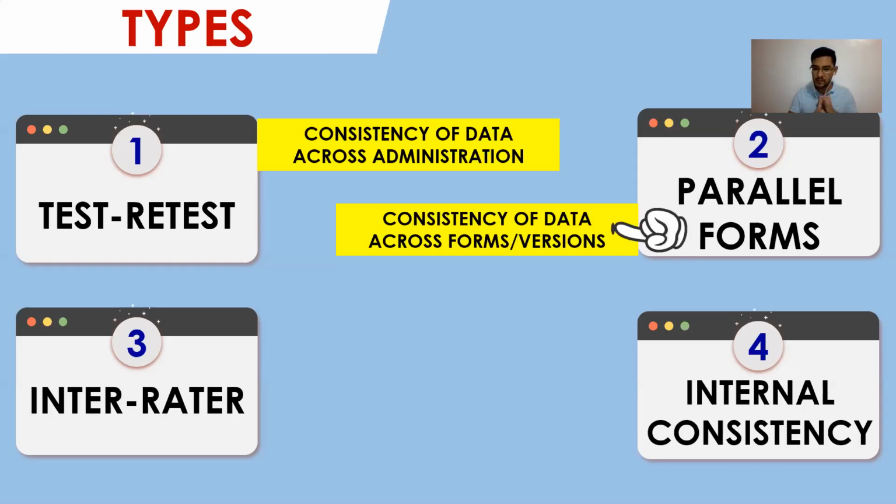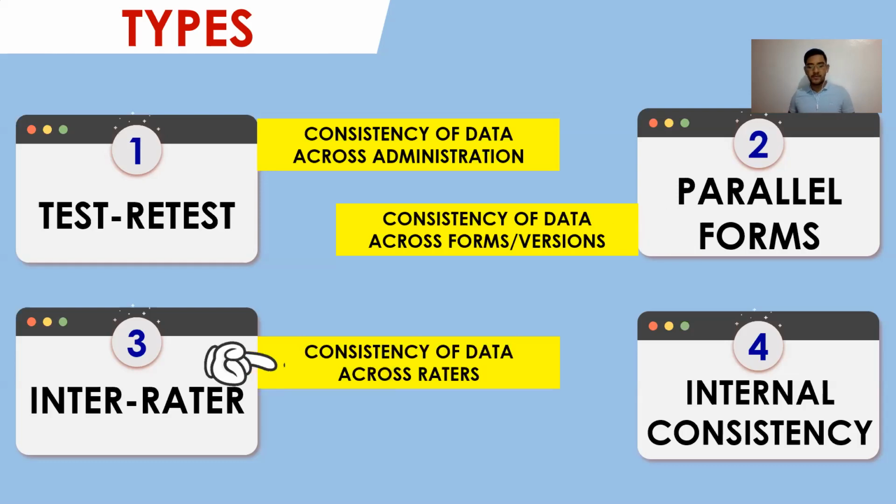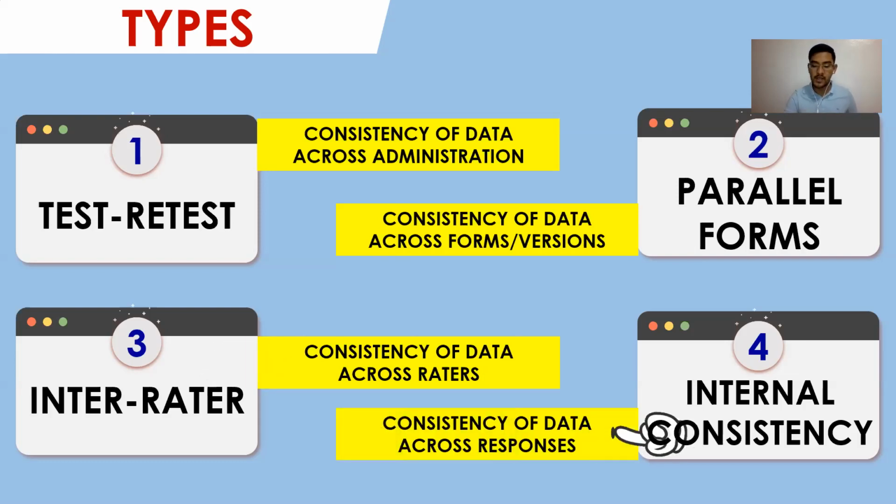So, different people, same time, different yung test. Okay? Number 3, inter-rater. Pag sinabing inter-rater, different yung people, pero same yung test. Different people, same yung test. And the most common one is the internal consistency. Different questions, same construct. Okay po? Different question, pero same construct.